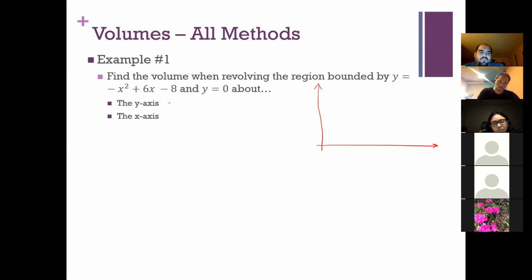I know this parabola is going to open down, but let's figure out where it crosses the x-axis. So here's the region we're looking at here.